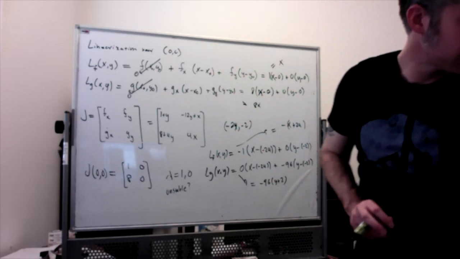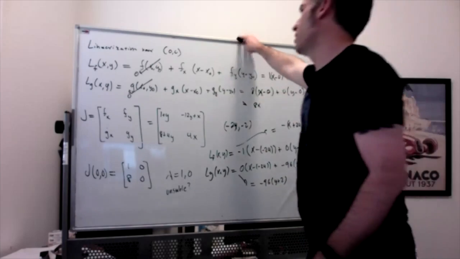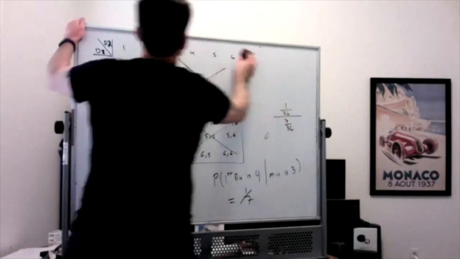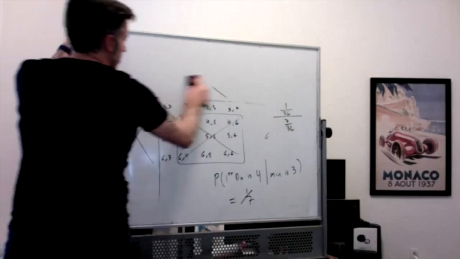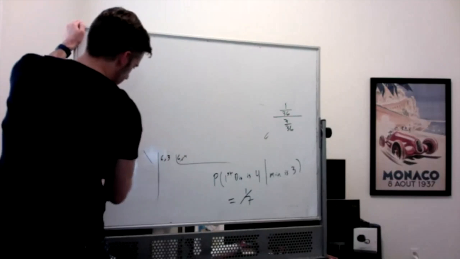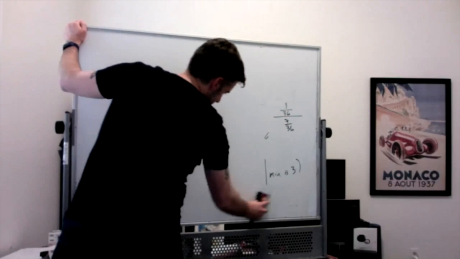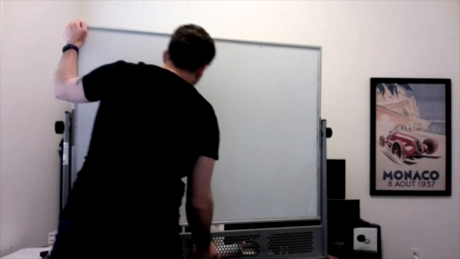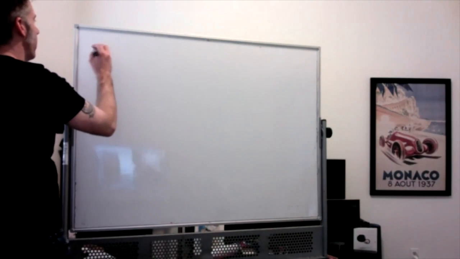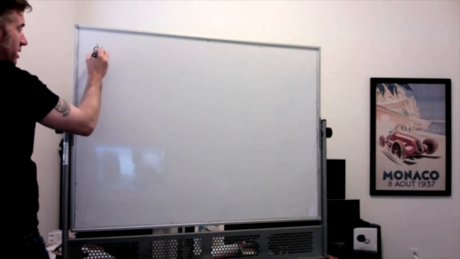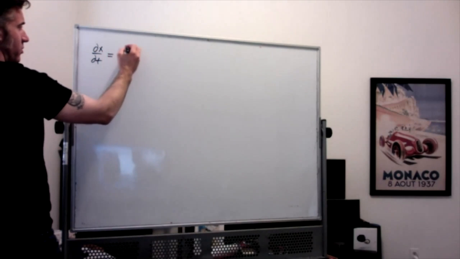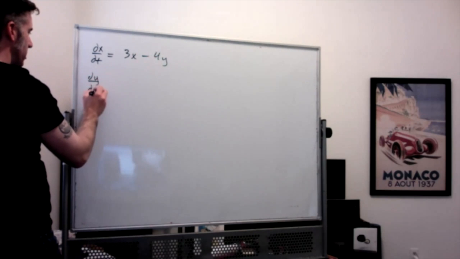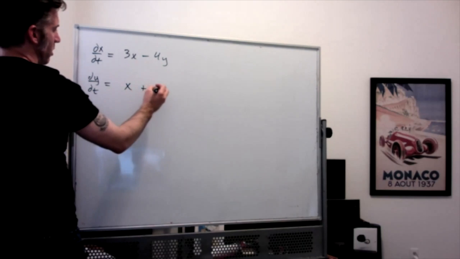Let's see. Let's go ahead and look at one more example. Let's say we have a linear system of differential equations: dx/dt equals 3x minus 4y, dy/dt equals x plus y.